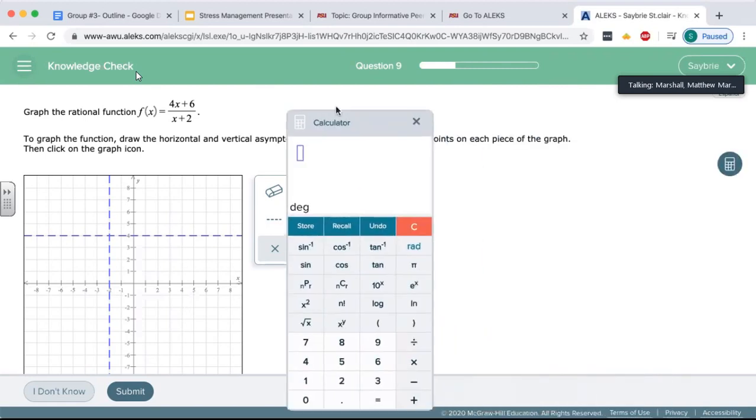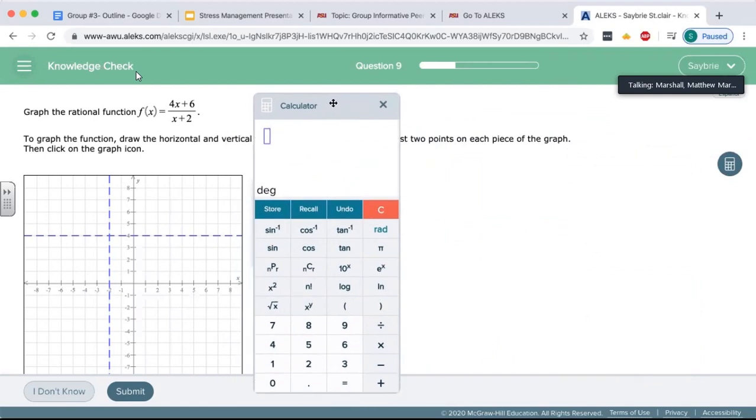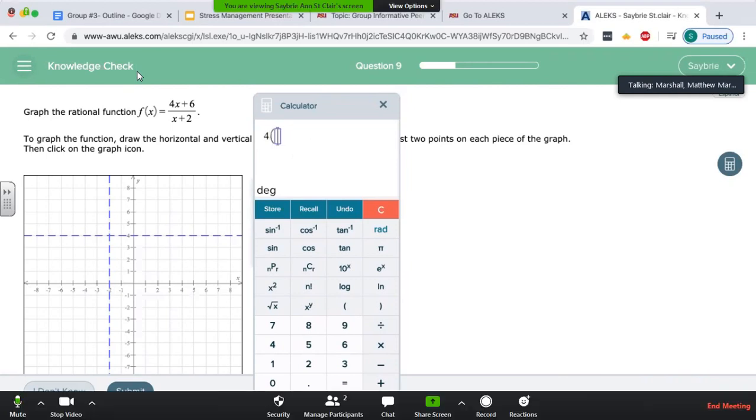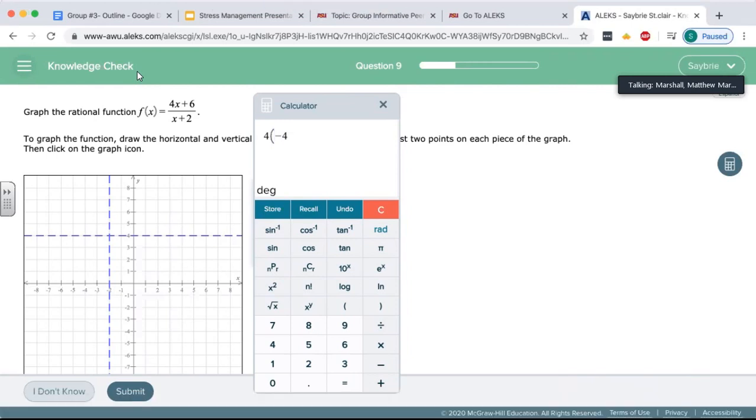Alright, so plug in 4. Open up a parenthesis and let's just do it all on the calculator. And then just plug in -4 right there. Close that, plus 6. You gotta close, there you go. And if you could get that as a fraction, you might have to use parentheses.